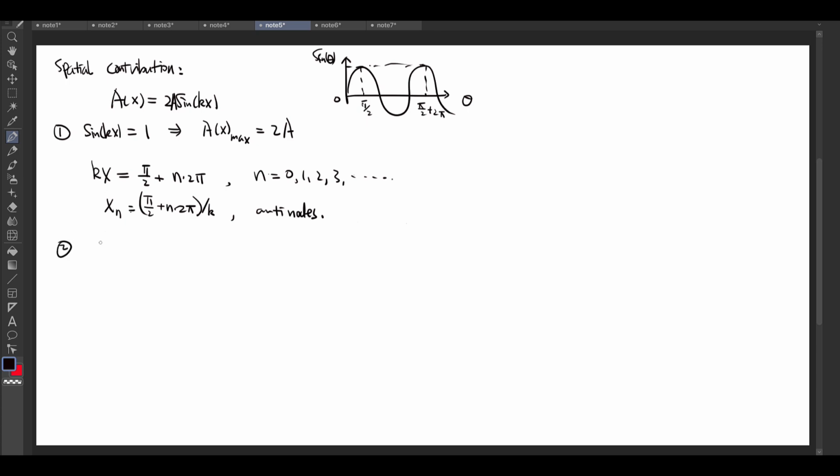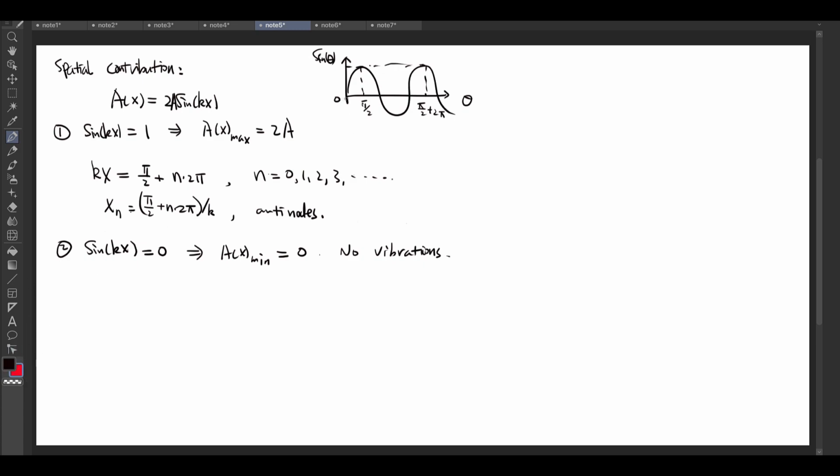Now other special places are where sine kx equals 0. And they give us minimum amplitude, which is 0, meaning there's no vibration at these locations at any time. And to get that sine kx equals 0, let's look at the diagram again.